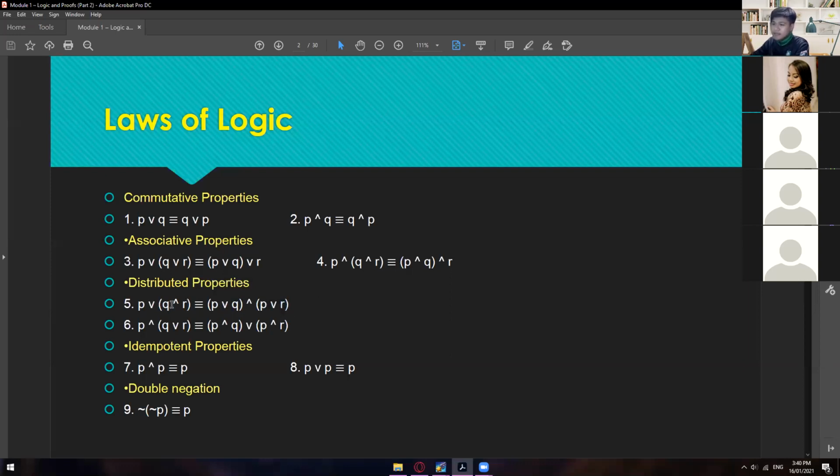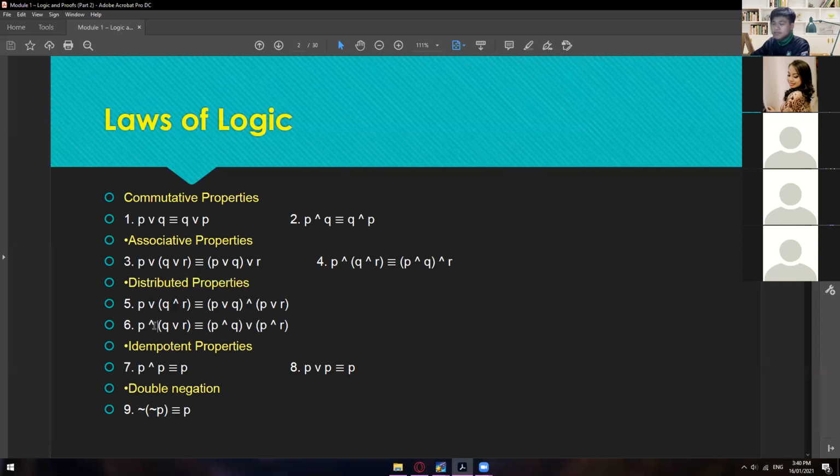As you can see, the connective that is outside is now the one inside, and the one that is inside is now the one outside. That's your pattern when applying distributive properties: distribute this one into those two variables, putting this one inside and this one outside.